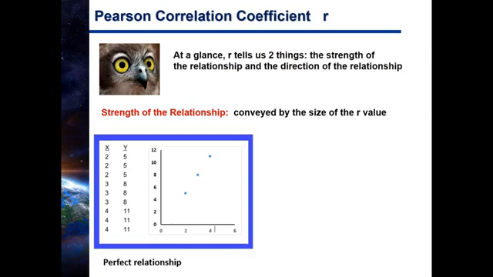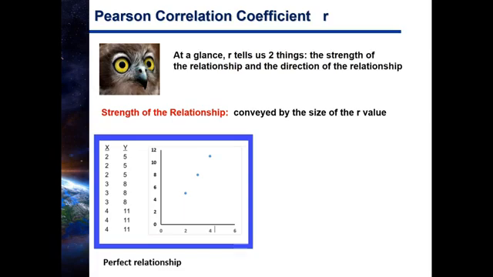But if you get an R value equal to 1 or -1, what you are saying is that the relationship is perfect. That's why you can't get an R value bigger than 1 or -1, because perfect is perfect. You can't improve on that.